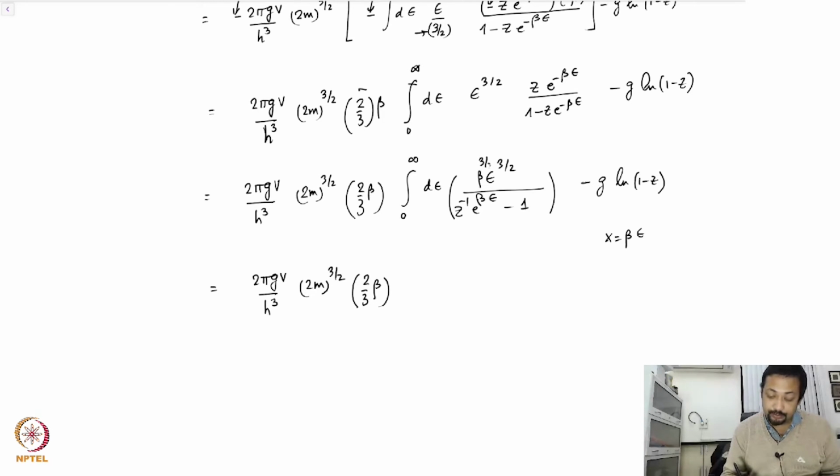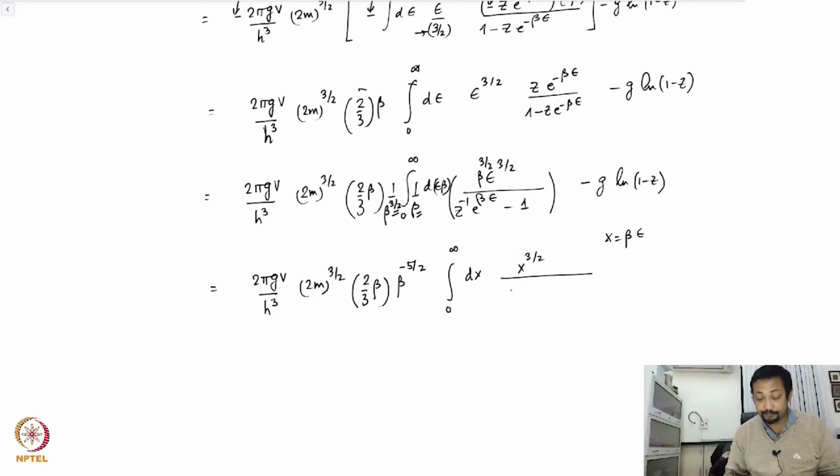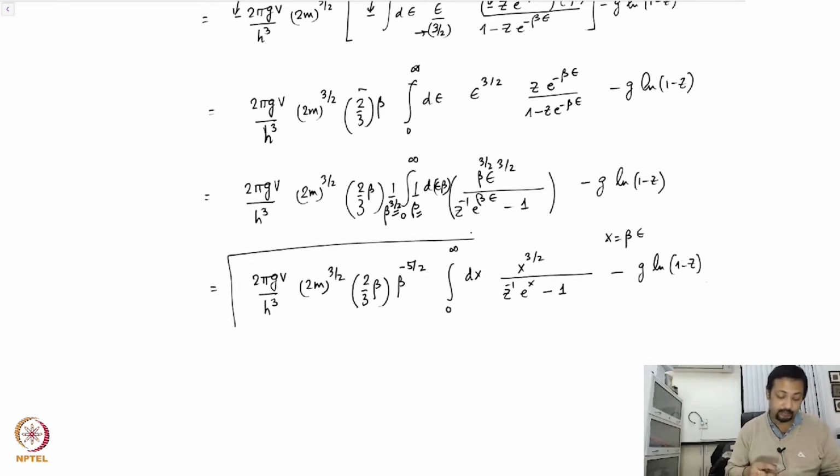This is beta to the power 3/2, and I have 1 over beta to the power 3/2 and 1 over beta times epsilon, so that I have beta to the power minus 5/2. The 3/2 comes from over here and the beta alone comes from over here, and I have 0 to infinity dx x to the power 3/2 divided by z inverse e to the power x minus 1, minus g ln(1 minus z).